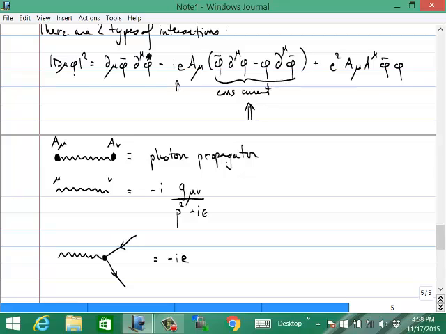But there's one thing that's a little bit subtle about this interaction, which is something new and that has arisen here, and this is the first time that we've seen it, which is that in the interaction term, we have taken some derivatives of the field here. And so this is what's known as a derivative interaction. Now, what you do when you have a derivative interaction is a little bit confusing if you think about it in position space.